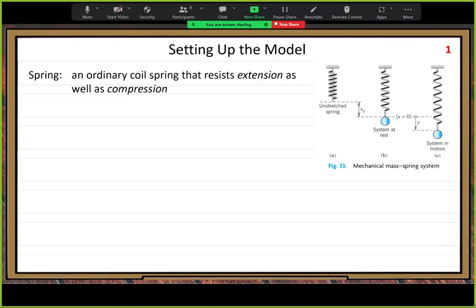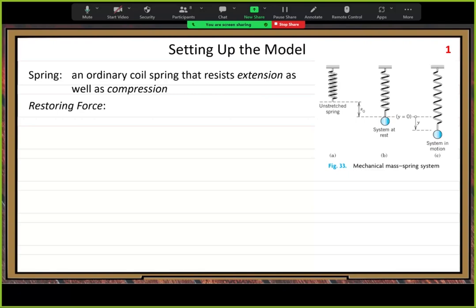If you stretch it downward, there is a pull force in the opposite direction. If you compress it upward, then there is a force downward, the opposite direction. So that's the typical property.